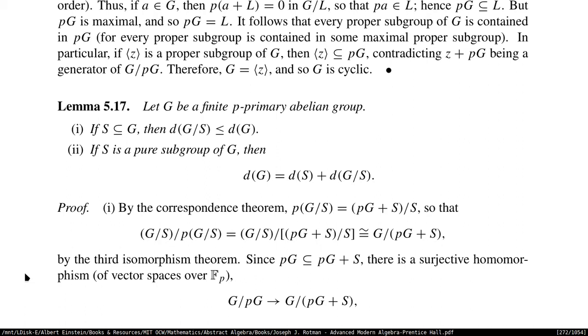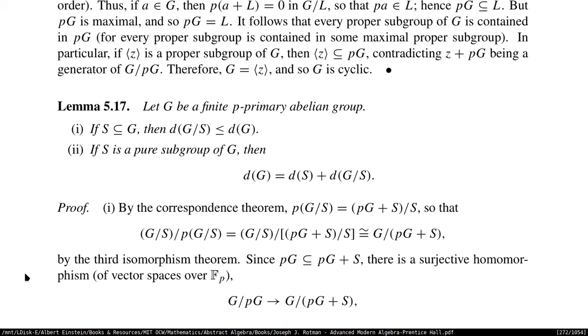Okay, so that's the correspondence theorem. So G mod S mod P of G mod S, that's G mod PG, kind of like that, is equal to this thing, G mod S mod this whole thing.